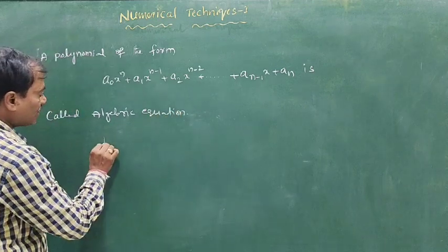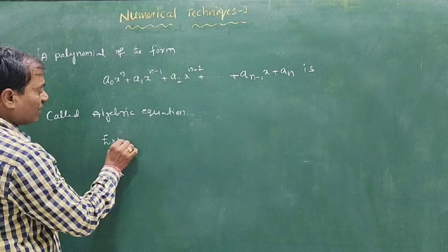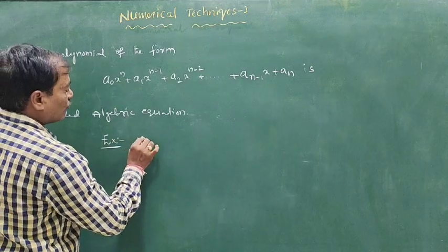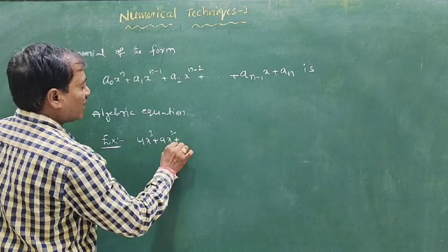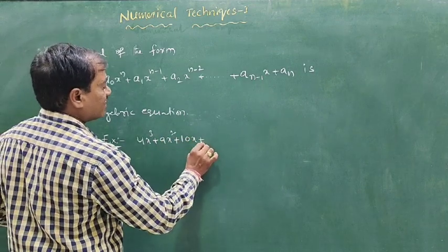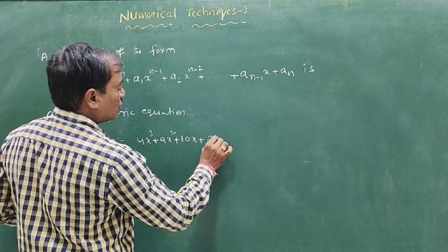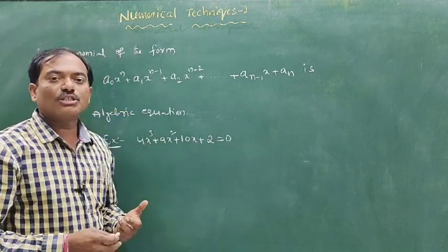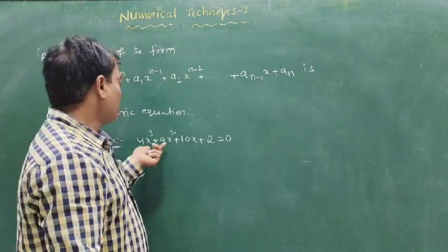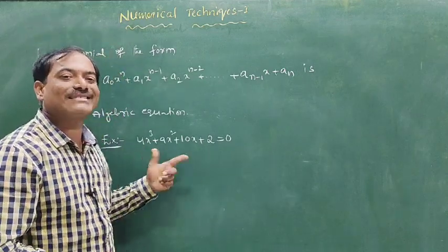So examples here. Algebraic equation means examples: 4x cube plus 9x square plus 10x plus 2 equal to 0. So this is called algebraic equation, meaning the equation involves only x terms.